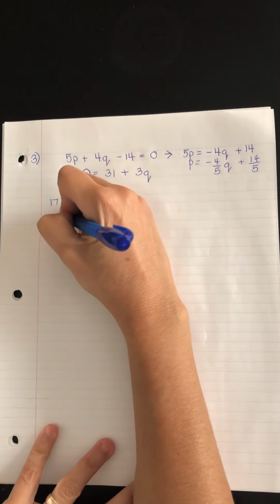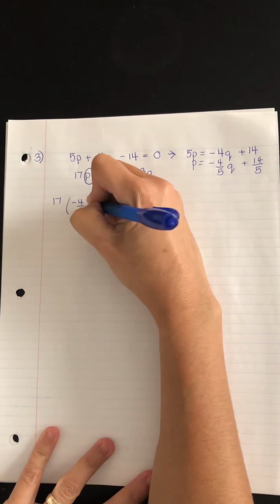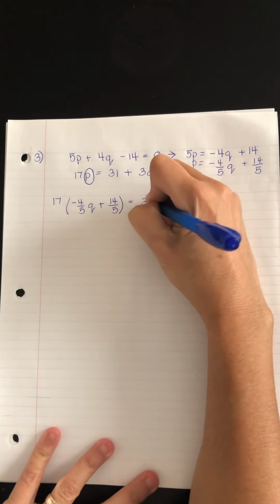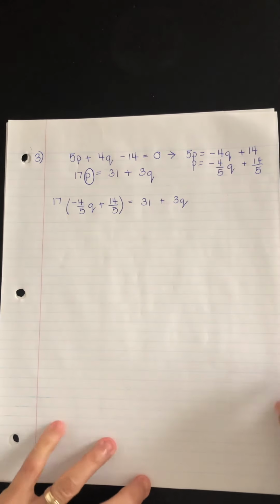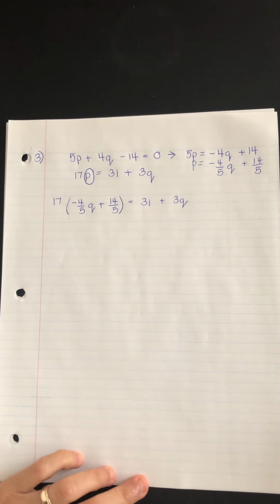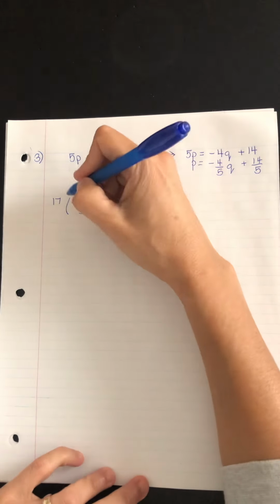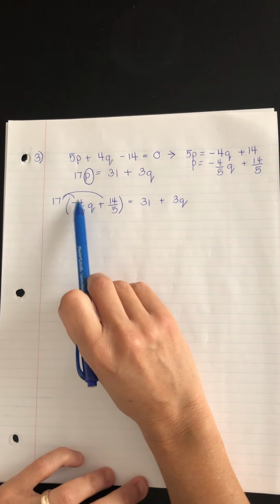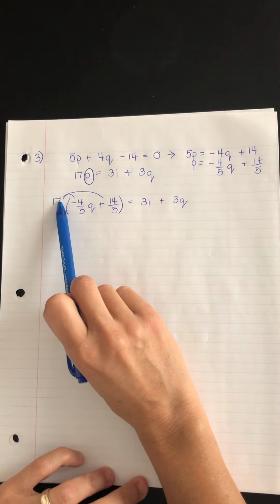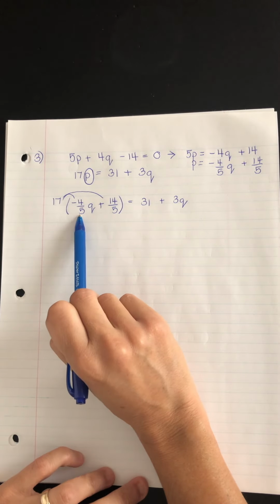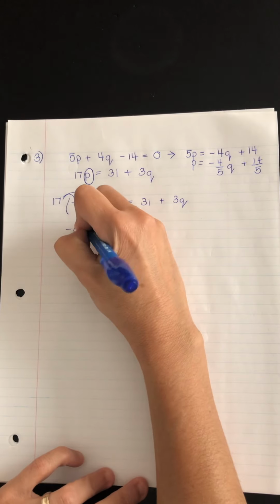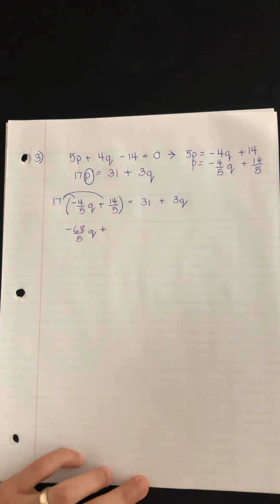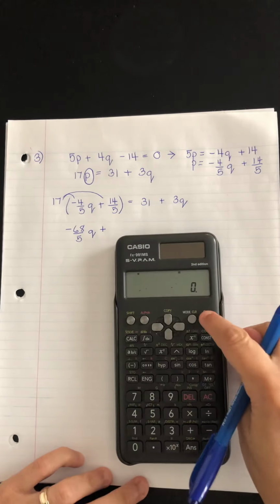So 17 bracket. All right, and now I carry out the steps again, which I hope by now look logical to you. So first, open this up. Only the top number is going to be affected, right? So 17 times negative 4/5, that's going to be negative 68/5 times q plus, okay, I don't even know what 17 times 14 is.